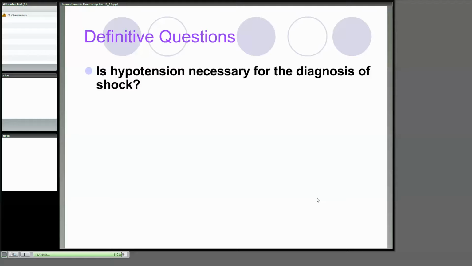So, definitive questions. Is hypotension necessary for the diagnosis of shock? No, not at all. Well, it's a very late sign, isn't it? And it worries me when I see these charts written up for the deteriorating patient in the wards. You know what I'm talking about?